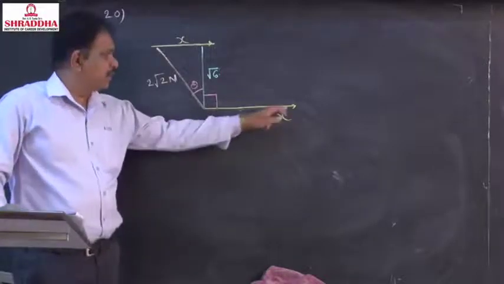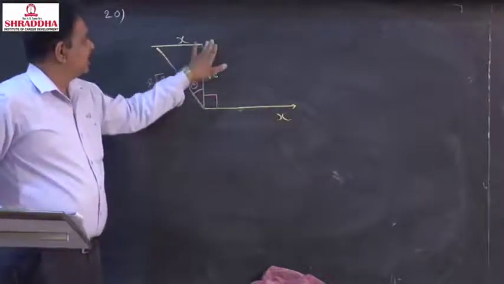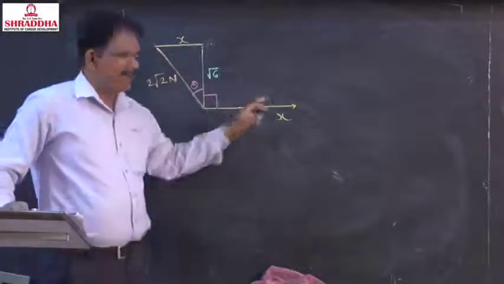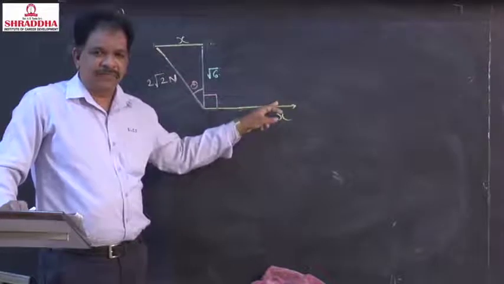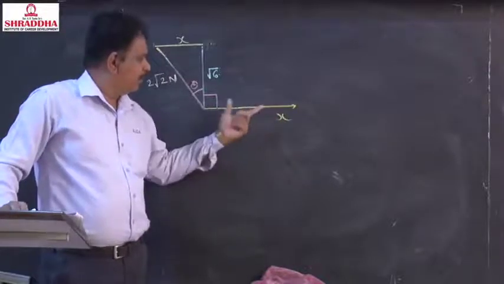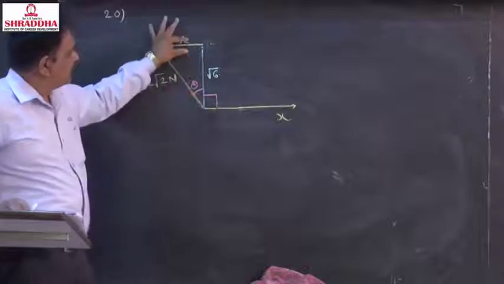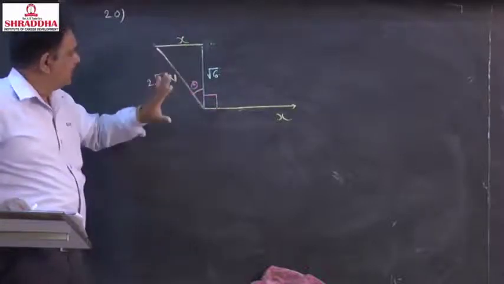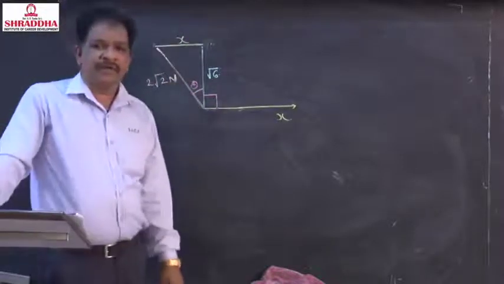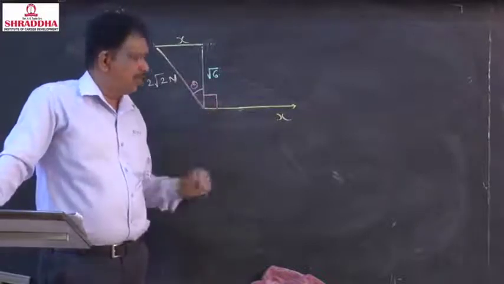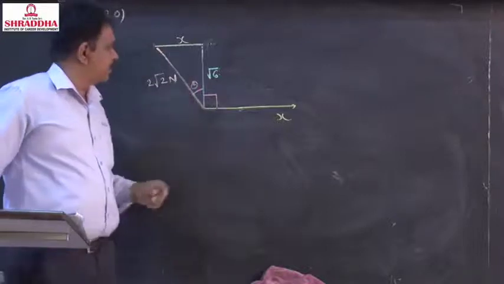Here this length looks more, here this length looks small, don't consider that. It is drawn by us only. If the vector is moved to here, there is no change in the magnitude. They are asking for the total angle and the x value.